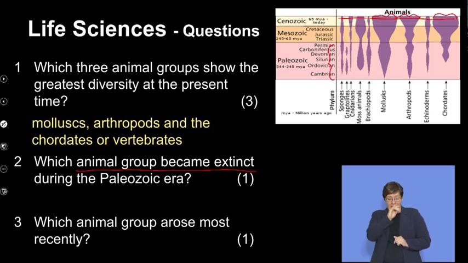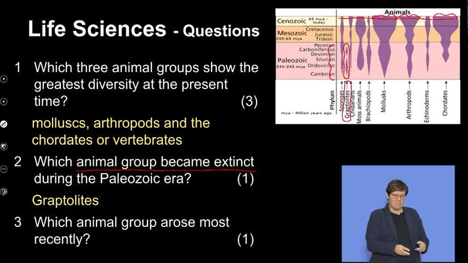If an animal group has become extinct, it means the lines will stop, and there's only one group of animals that was present during the Paleozoic period, which is not present now, and they are called Graptolites. Now, you don't need to know anything about them. You don't need to know what they look like. You just need to be able to extract the information from the source material you were given.